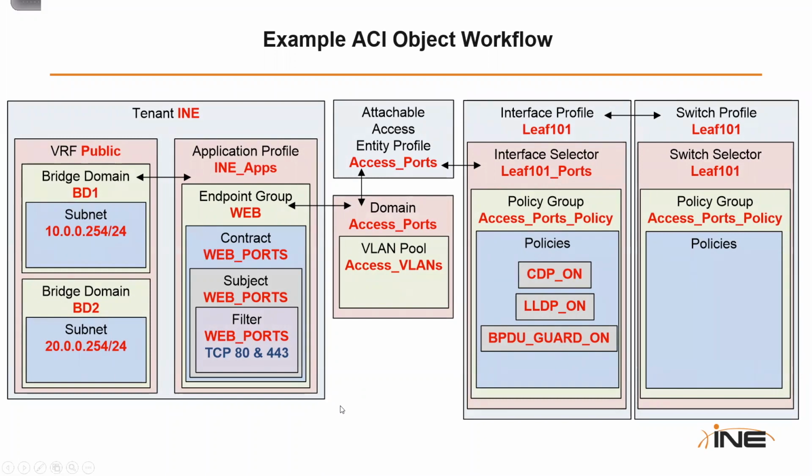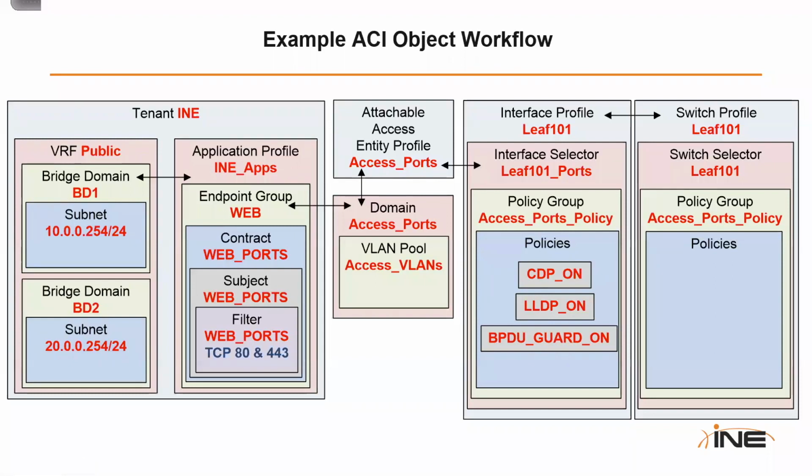Okay, so we have an example of the ACI object workflow. So we have the interface policies, CDP on, LLDP on, BPDU guard on. Those would be the individual interface policies. This is then called from the access ports policy, which is going to be called from the leaf selector. So leaf 101 underscore ports is calling the profile leaf 101.